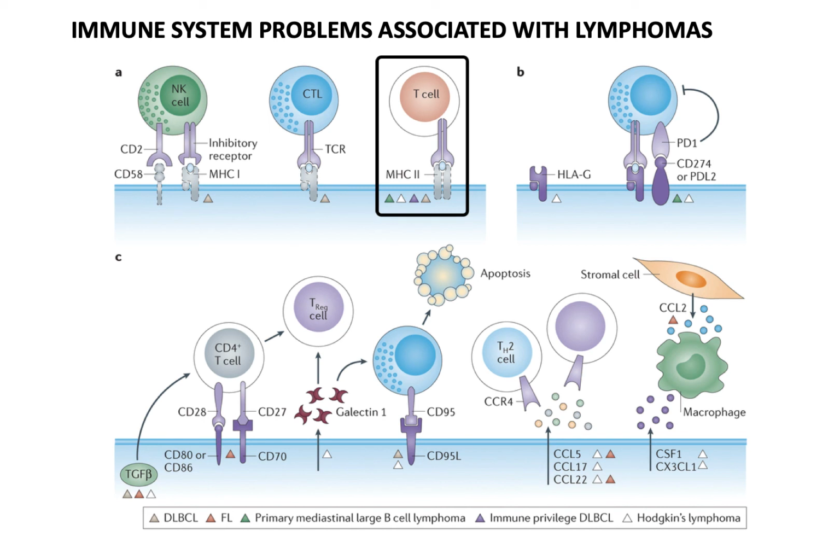Also, again, with the MH2 receptor, communication with the T cells is interrupted also. And these are all present in some cancers of the DLBCL type, as well as a few other tumors.